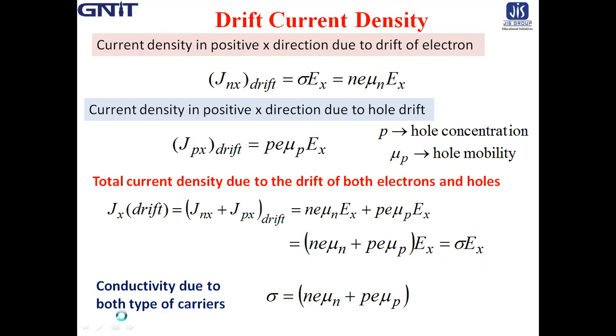Therefore, the conductivity due to both types of carriers, which is denoted as sigma, is equal to N e mu n plus P e mu p. So this is the conductivity due to both types of carriers, both electrons and holes.